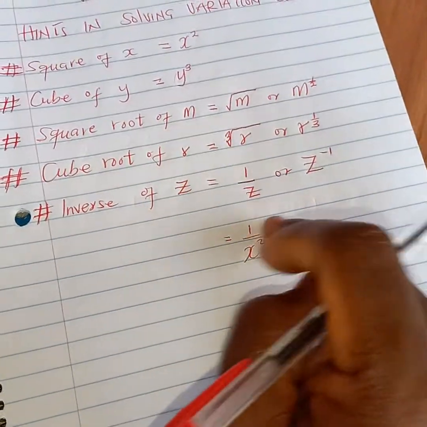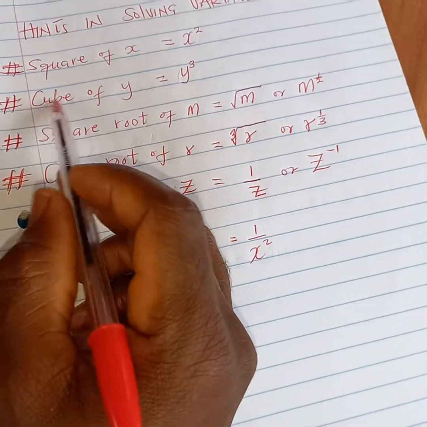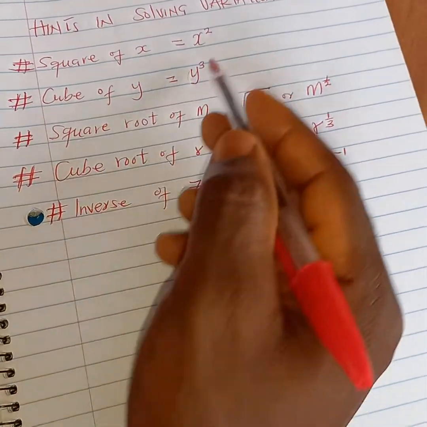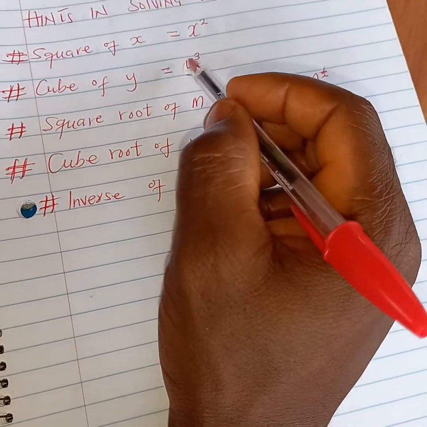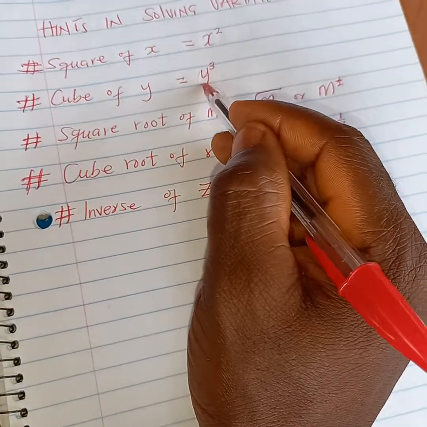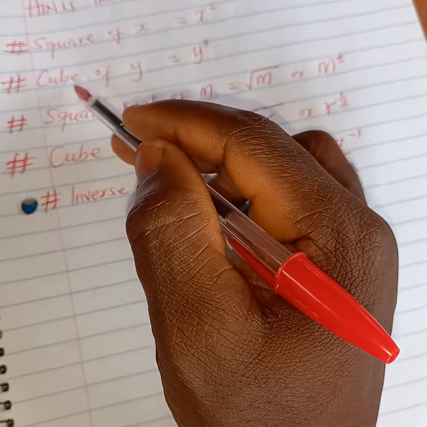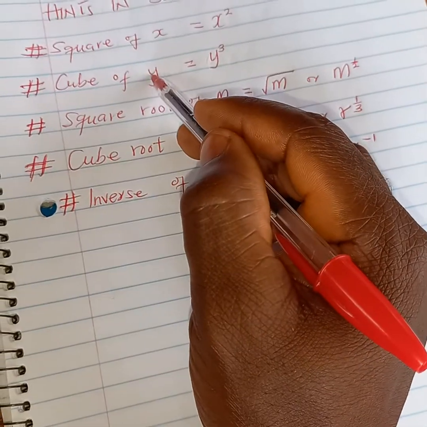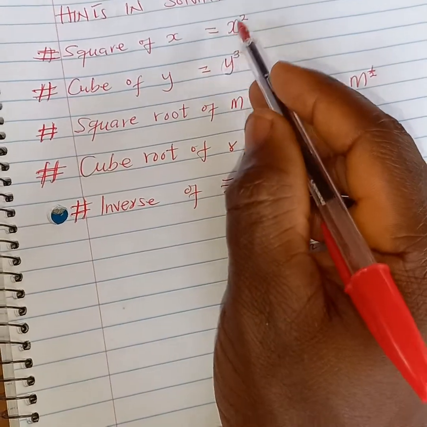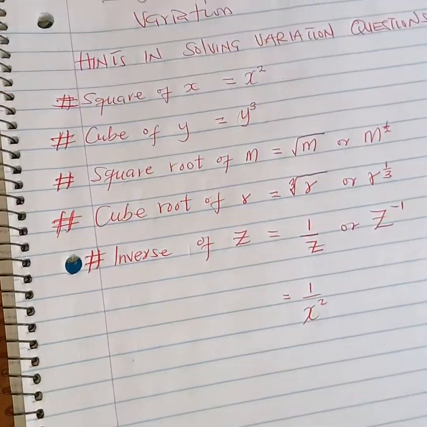You just write 1 over x squared. If it is inverse of cube of y, you just write 1 over, then you write this one. And it could be a number, inverse of cube of 10. Then instead of y, you write 10. So 1 over 10 cubed.